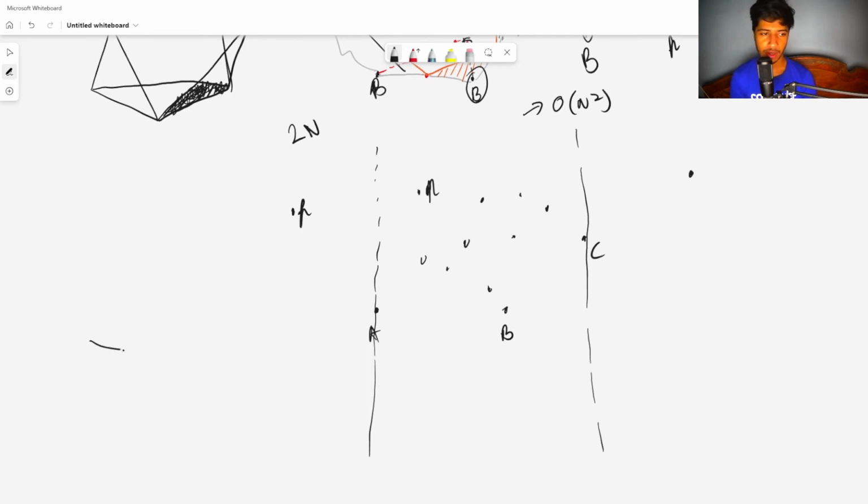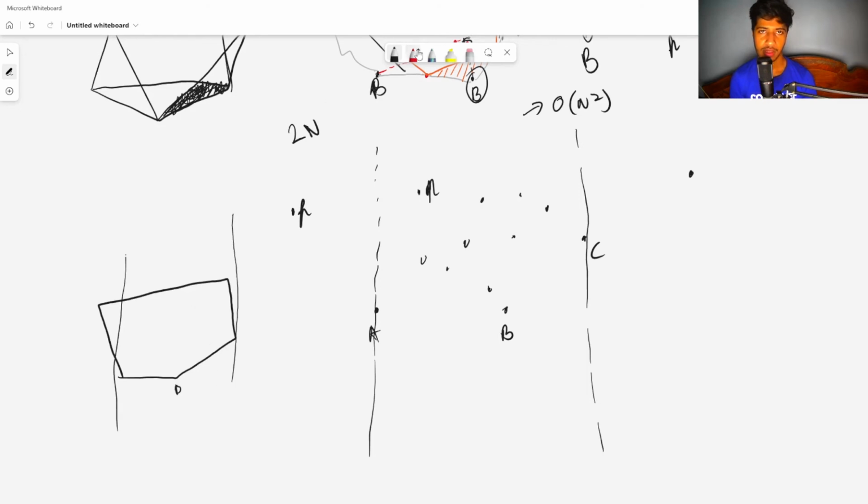Let me just draw it properly. Drawing a convex hull is kind of difficult. So let's say this is your convex hull. So first you'll consider this as B, and your vertical point will be like this.